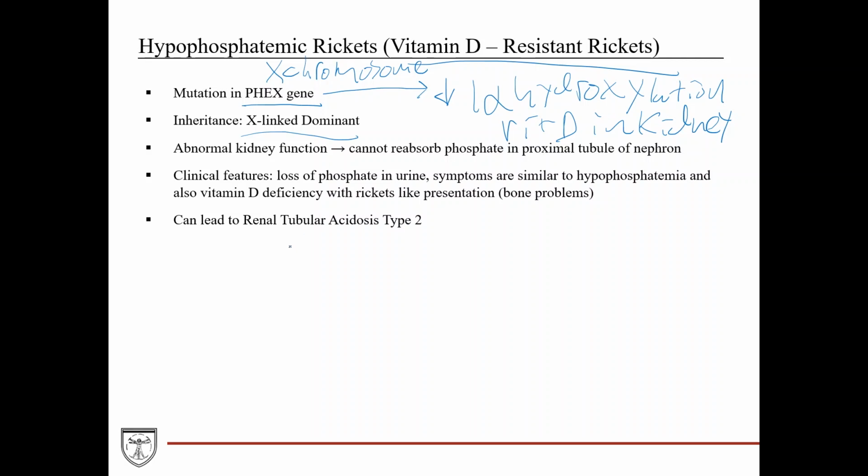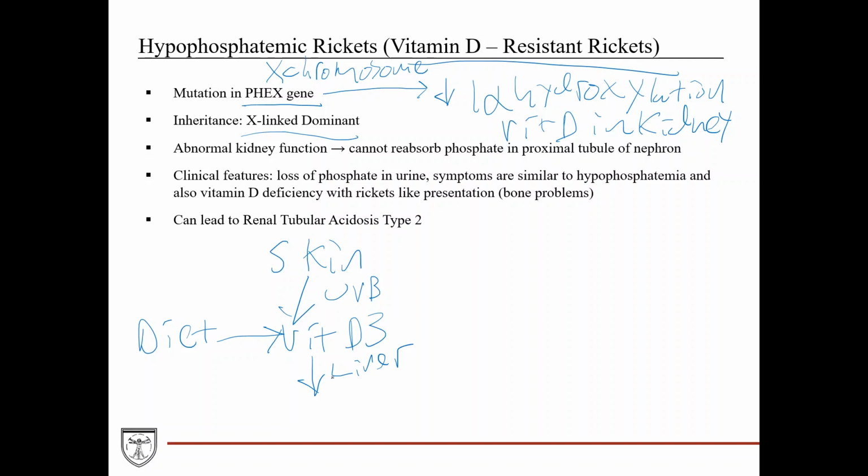So we'll talk about vitamin D here for a minute. You get it from the skin, and remember we get exposed to UVB light, and we get a precursor known as vitamin D3, which you can also ingest in your diet. Then this undergoes hydroxylation in the liver by 25 hydroxylase, and that gives you calcidiol, which is a precursor.